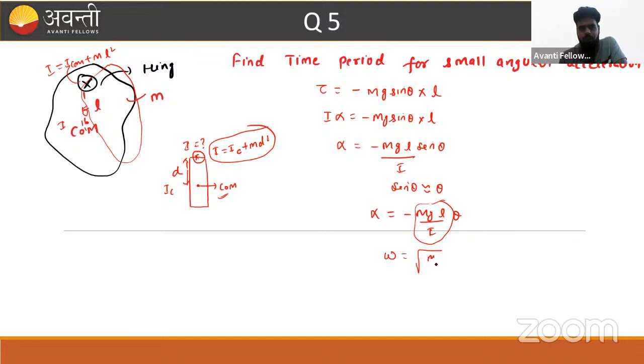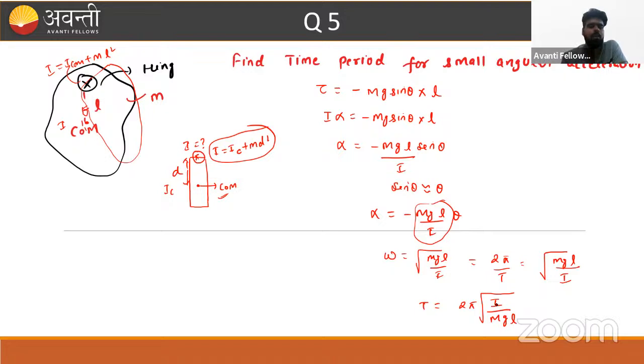Omega square can be written as mgL upon I. What is omega, beta? 2 pi upon time period. So the time period is nothing but 2 pi root over I upon mgL, beta.